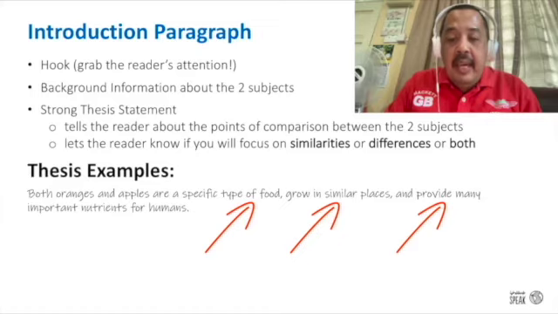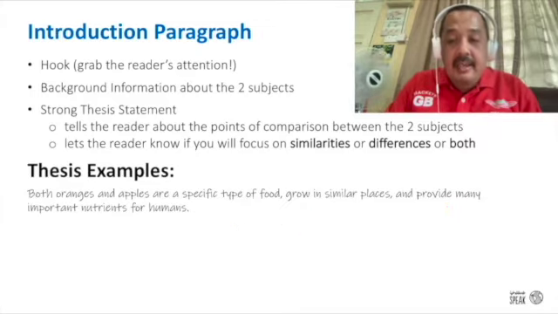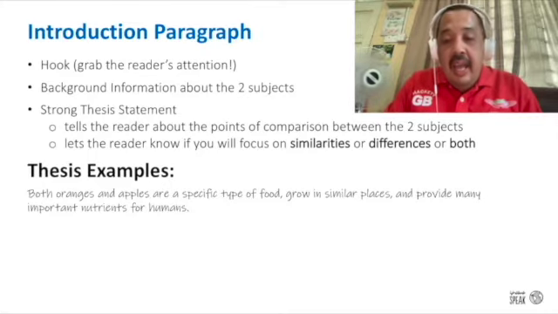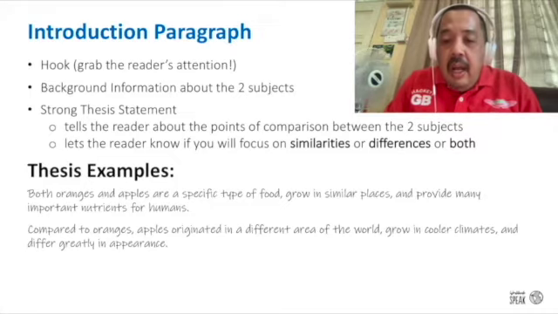So it is that they are a type of food, number 1, they grow in similar places, number 2, and 3, they provide important nutrients. So each of my body paragraphs is going to focus on one specific point of comparison that is mentioned in the thesis, and I will go through them in that order as well.